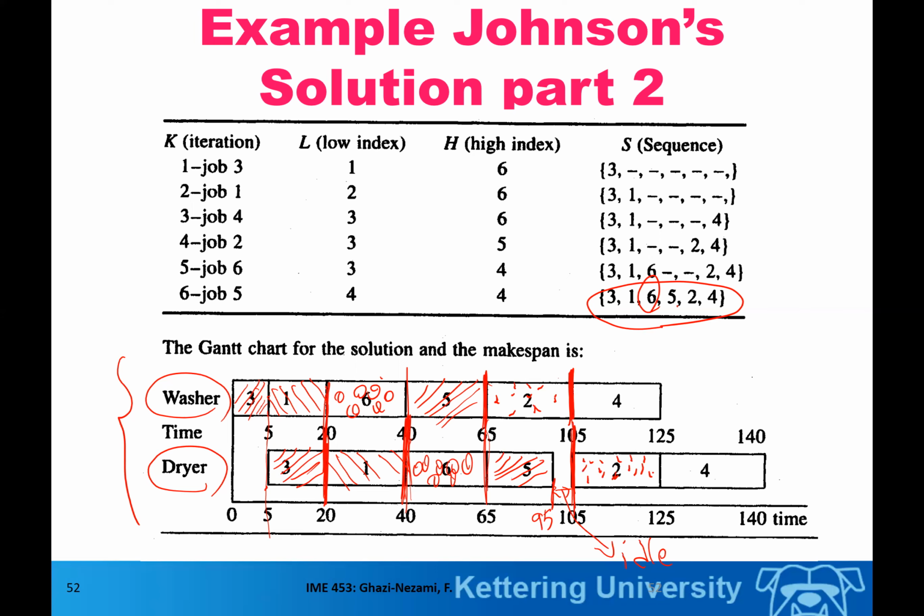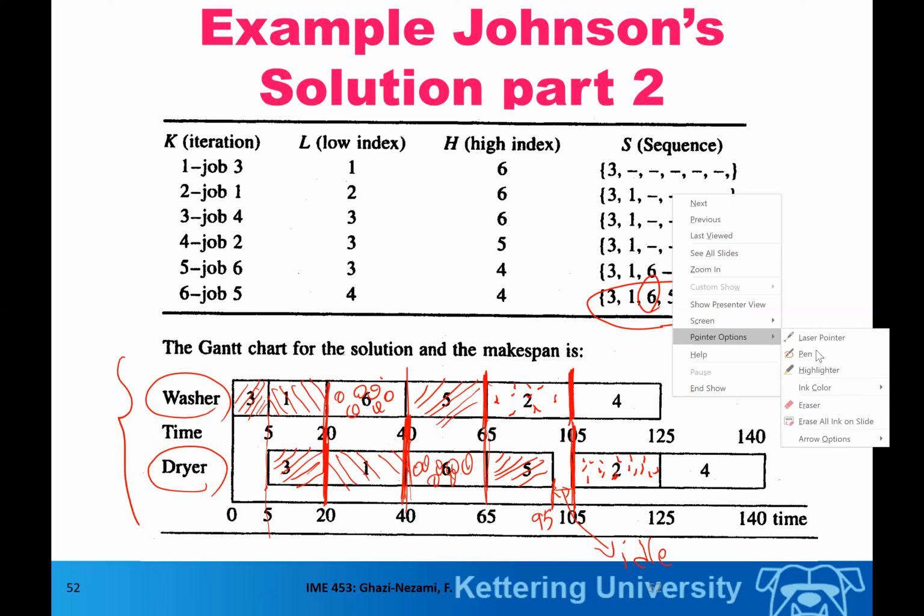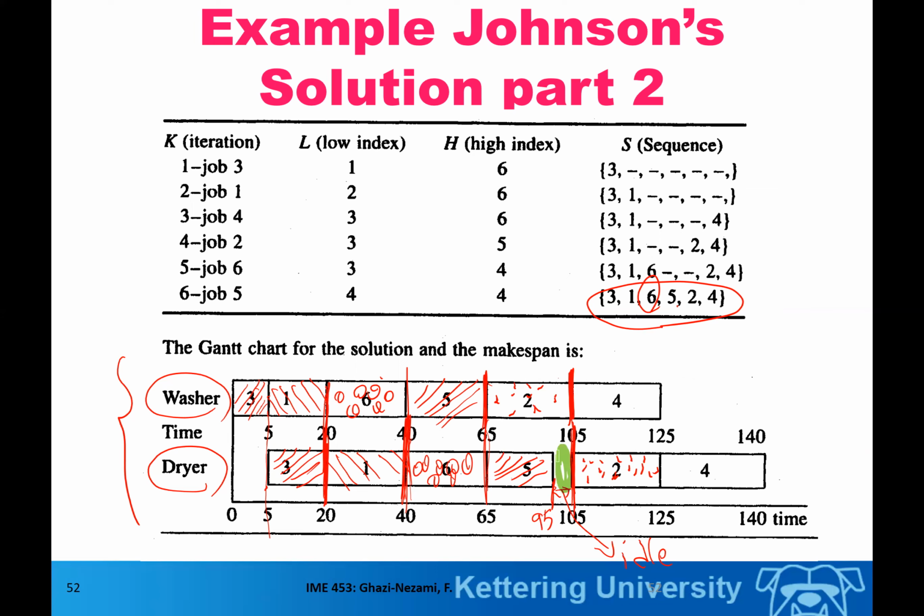Then I can send it to this machine 2. So the gap that you see on the dryer between 95 and time of 105 is really the idle time for this machine. So for example, I can ask you, hey, what is the idle time, or in which period which machine is idle? You can look at this.